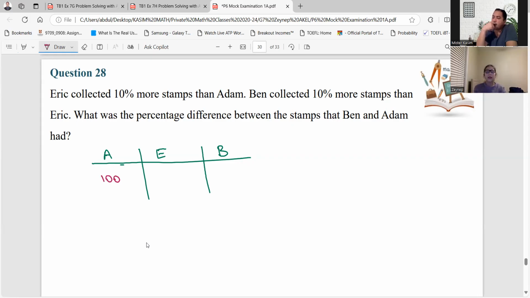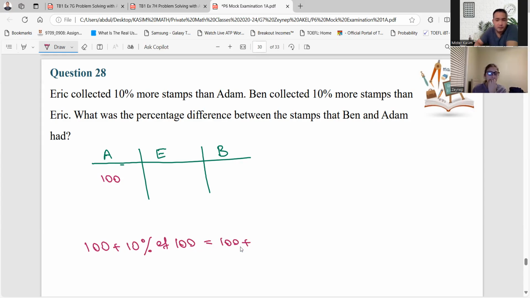Wouldn't it be like 10 times 100? No, Adam has 100, right? Eric collected 10% more. More means plus 10% of 100.